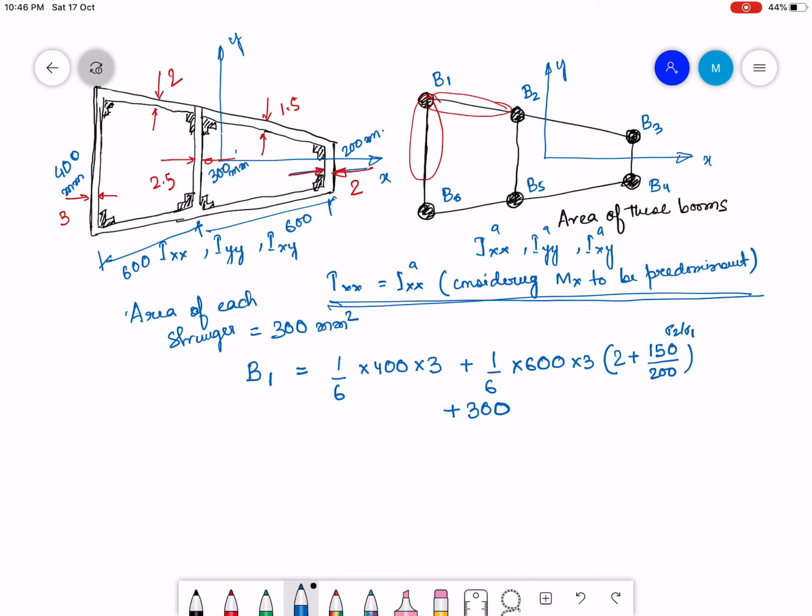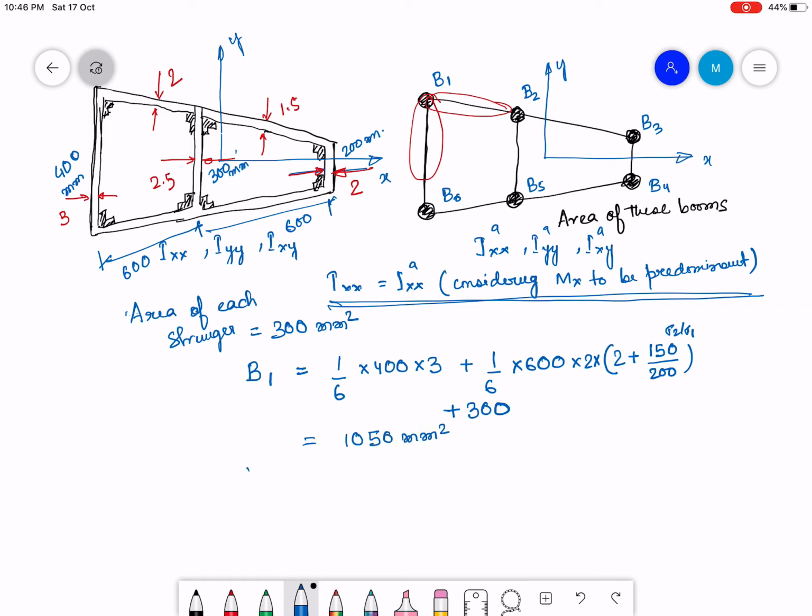Sorry, this thickness is not 3, this thickness is 2. I made a mistake. So this thickness is 2 into this. If I evaluate this, it is going to be 1050 millimeters square.